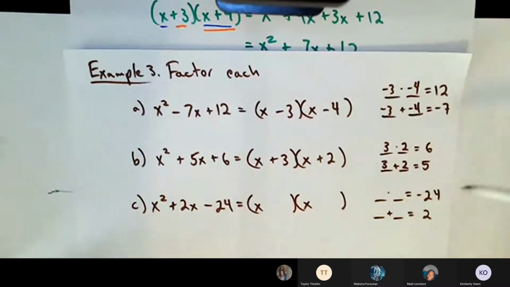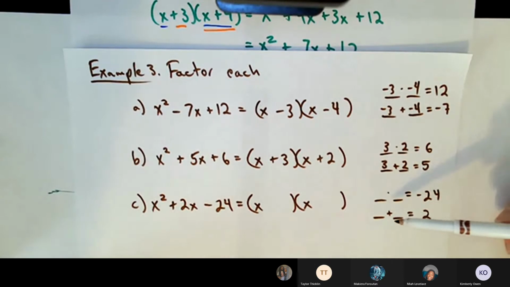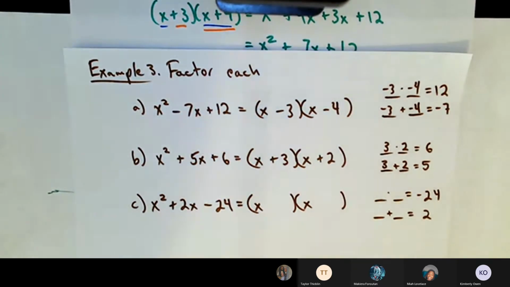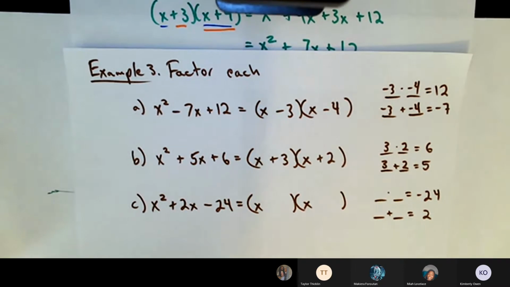Since the product is -24, we know that only one of these numbers that you're going to give me should be negative. So we are going to end up at a point where you have to tell me which one is negative. I'm going to let you think about this, and as you come up with it, you can say something.